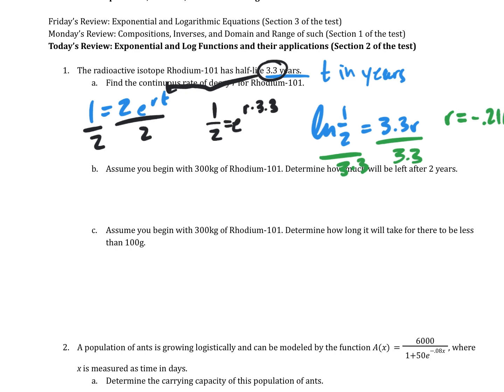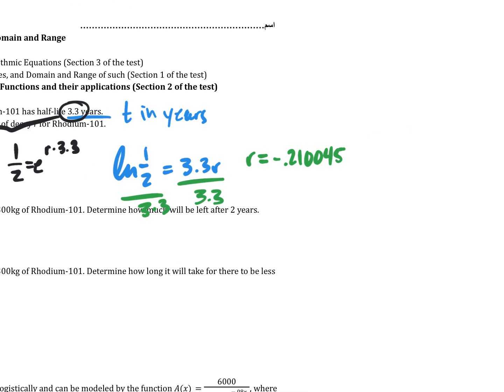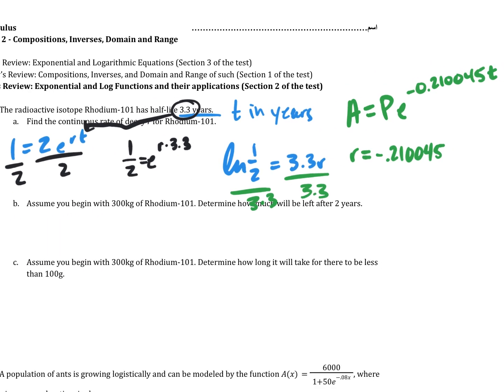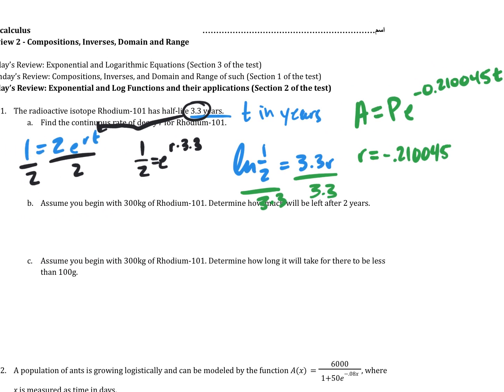Our equation is now A equals P e to the negative 0.210045 t. Notice that I just replaced the r with the number I got, and the t is now my input variable. T is time. So that allows me to answer part B. It says assume we begin with 300 kilograms.